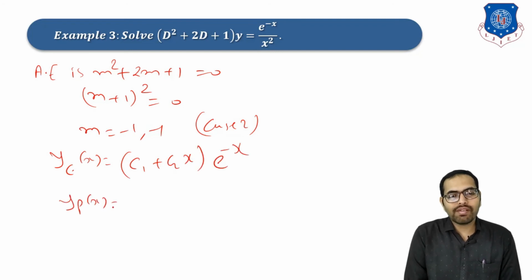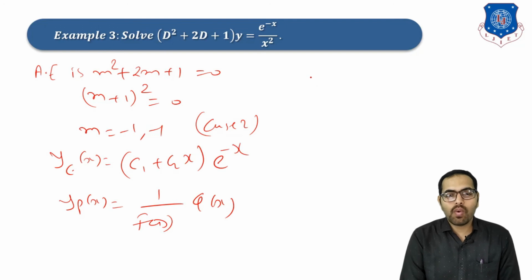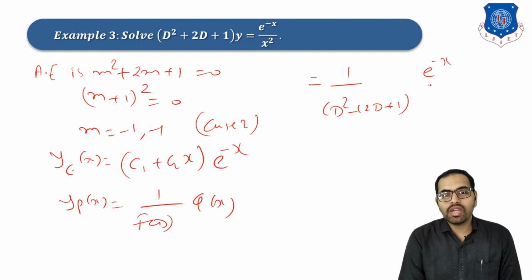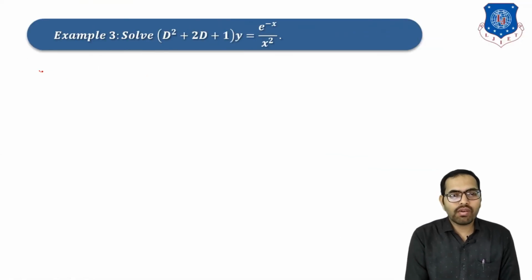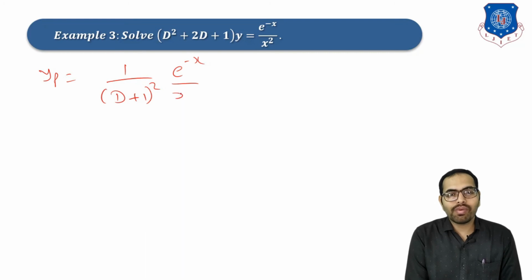Now we have the formula yp of x = 1/f(D) times Q(x). Just substituting, 1/(D² + 2D + 1) into e^(−x)/x². Now simplify that term. Then yp becomes 1/(D + 1)² into e^(−x)/x².